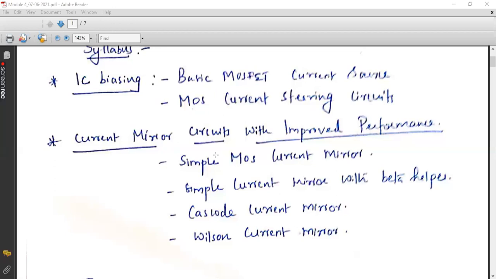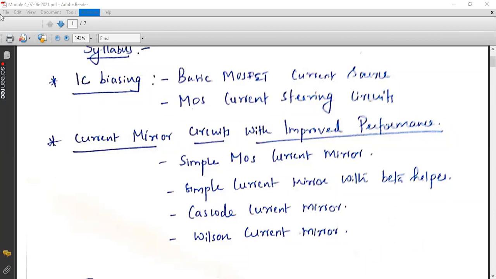In the second part, we will learn the current mirror circuits. There are many current mirror circuits available for this biasing purpose. We will learn the performance and comparison of different current mirror circuits in terms of several parameters. The commonly used current mirror circuits for improved performance are: first, the simple MOS current mirror; secondly, the simple current mirror with beta helper; then the cascode current mirror and the Wilson current mirror.